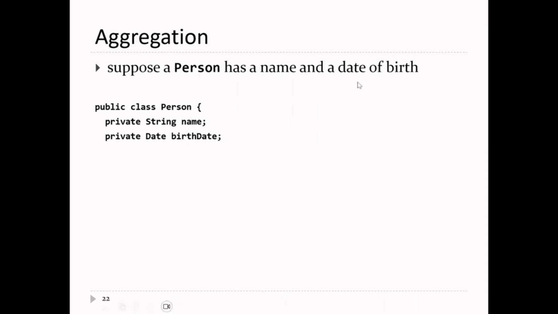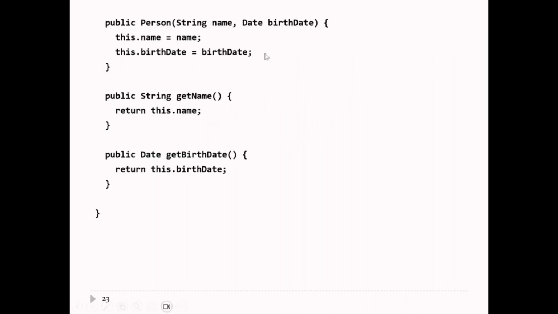So imagine that a person has a name and a date of birth. You often see the person example in these introductory programming courses. It's not a great example, but it shows up a lot. If we look at the code and the constructor, you see here that the field name just gets set to the incoming name, and the field birth date just gets set to the incoming birth date.